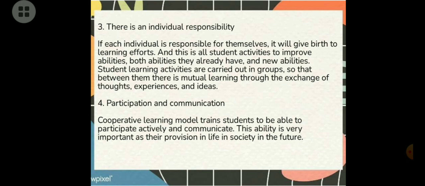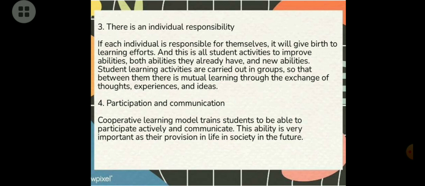The third, there is an individual responsibility. If each individual is responsible for themselves, it will give birth to learning efforts, and this is all student activities to improve both abilities they already have and new abilities.